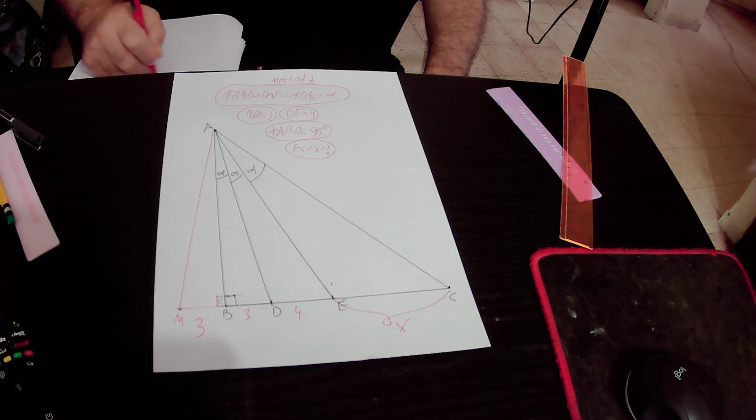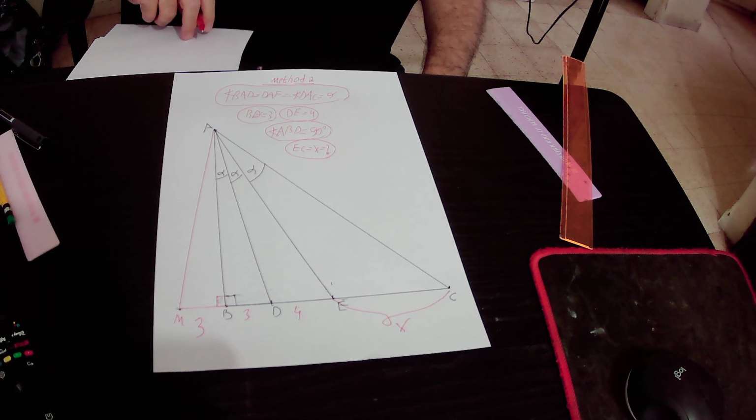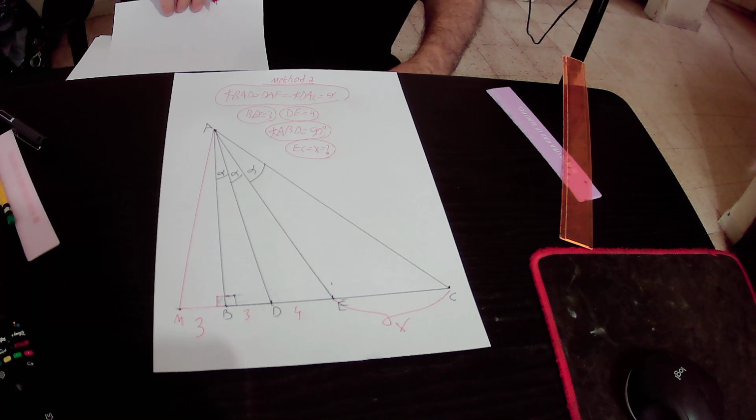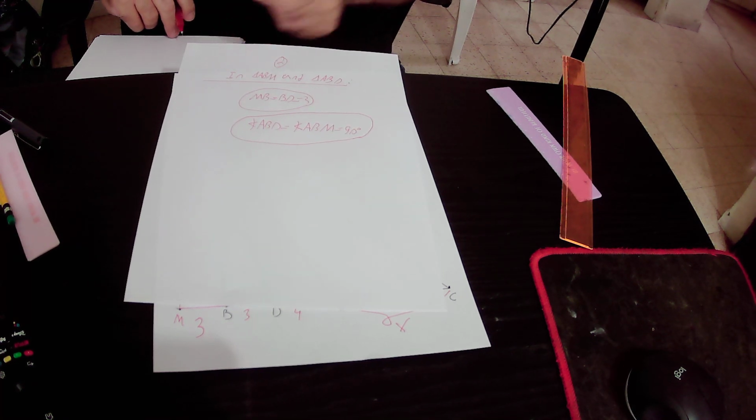Angle ABM equals 90 degrees according to what we have already proved. We have already proved that angle ABM is a right angle. So angle ABD equals angle ABM equals 90 degrees.